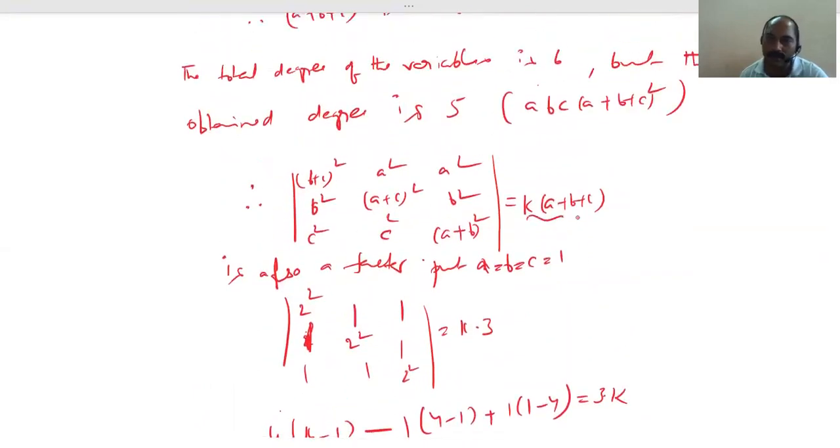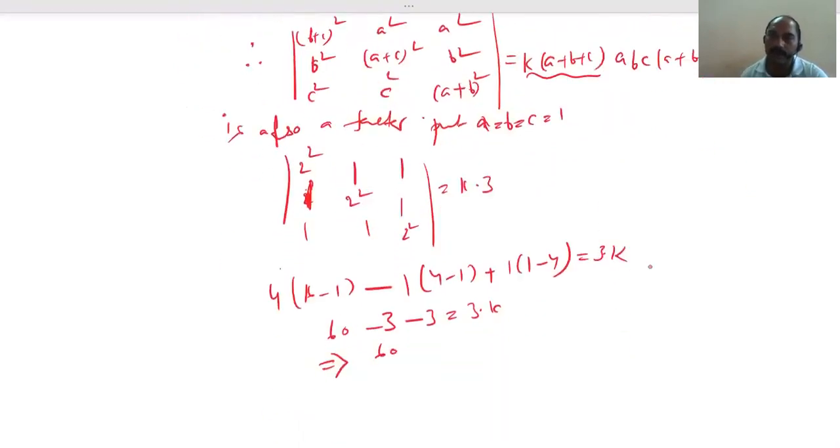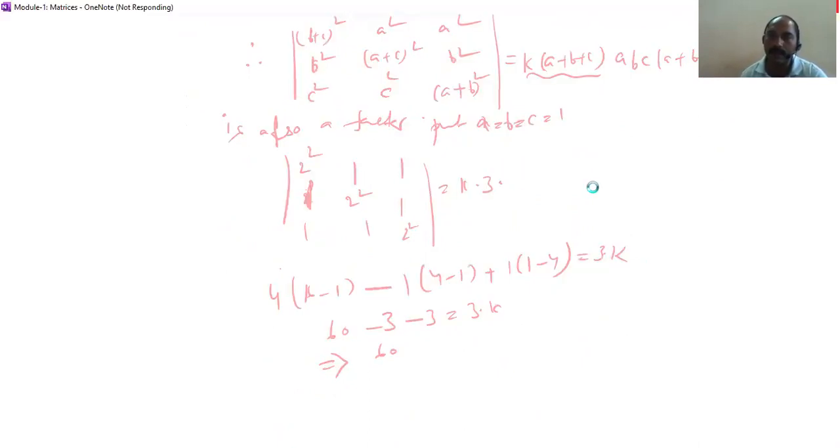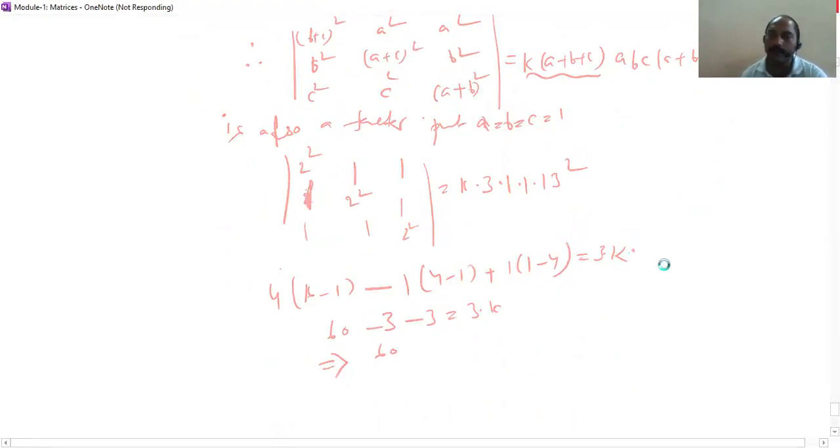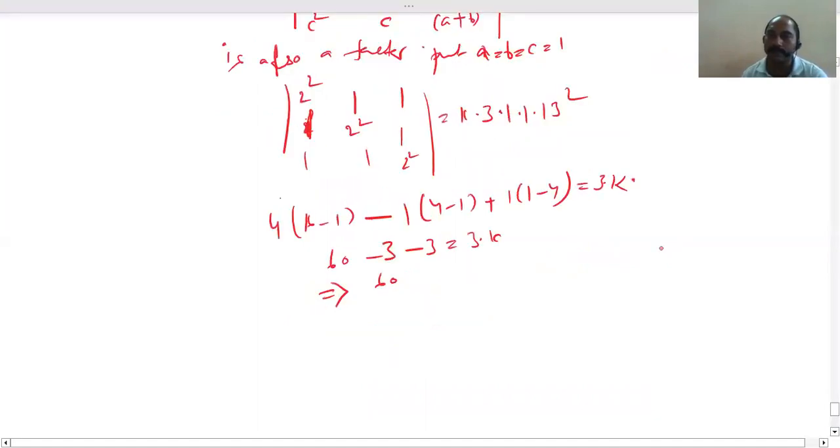Along with this, there are other factors also. A, b, c into a plus b plus c whole square is also a factor. So here we get 3 times a 1, b 1, c 1 and 3 square, which means 3 into 3 into 3, 27.